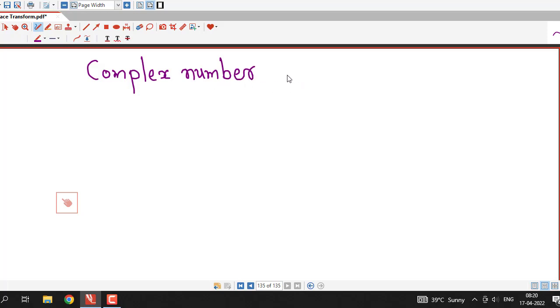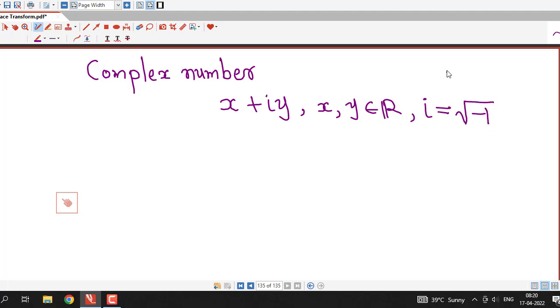So we know that if we consider this type of number x plus iy, where x and y are real numbers and this i is the imaginary number which is square root of -1, or we know that square of i is -1. So i is the imaginary number which is known as imaginary unit.